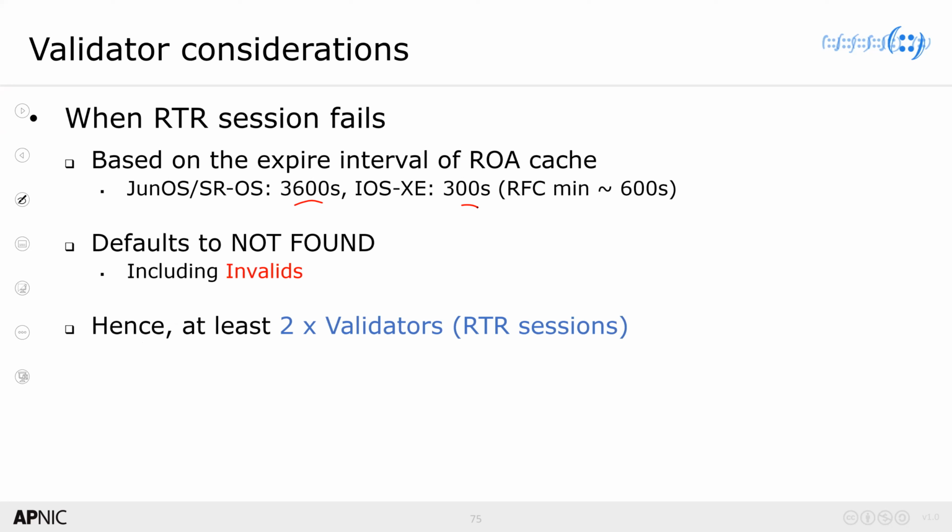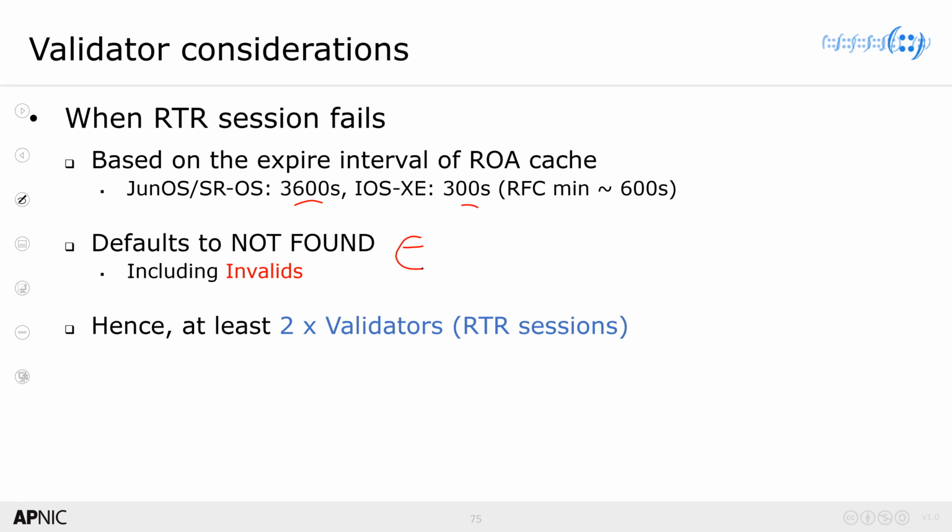The RFC minimum recommendation is 600 seconds, so 10 minutes. So based on that, if your router session fails, what will happen is within your router, once that session goes down, once your cache actually expires, everything becomes defaulted to not found, including those invalids you've been dropping.